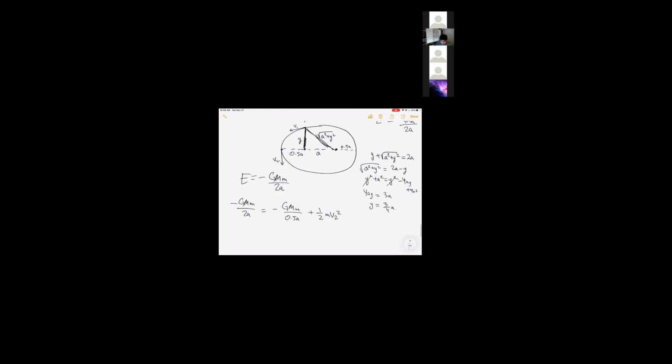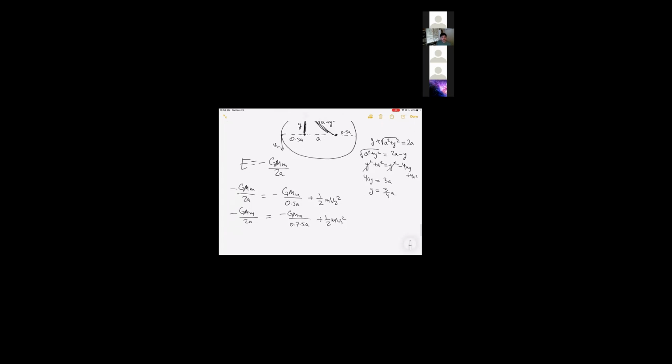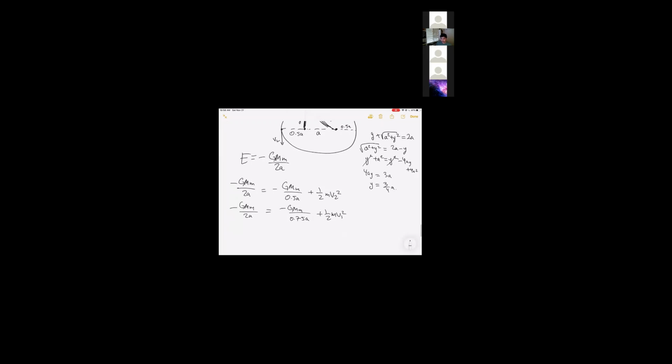All right. And what that implies here is negative GMm over 2a for 0.75a. This is actually now enough to solve for V2 and V1 in terms of a, and this will solve the problem.